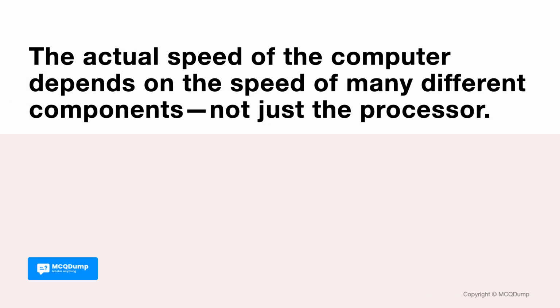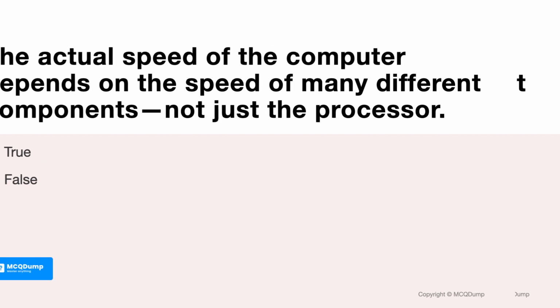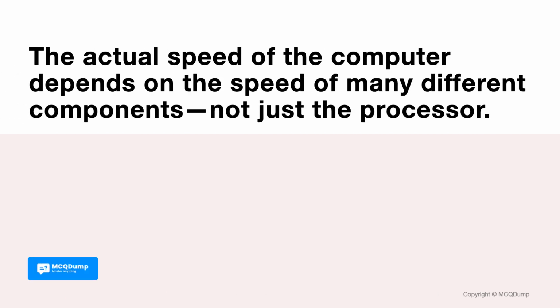The actual speed of the computer depends on the speed of many different components, not just the processor. True or false? It is true. The actual speed of the computer depends on the speed of many different components, not just the processor. However, a faster processor can execute instructions more quickly.